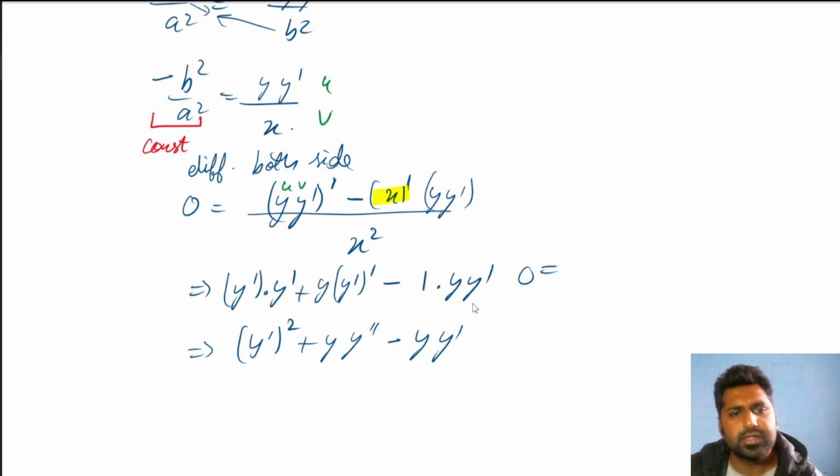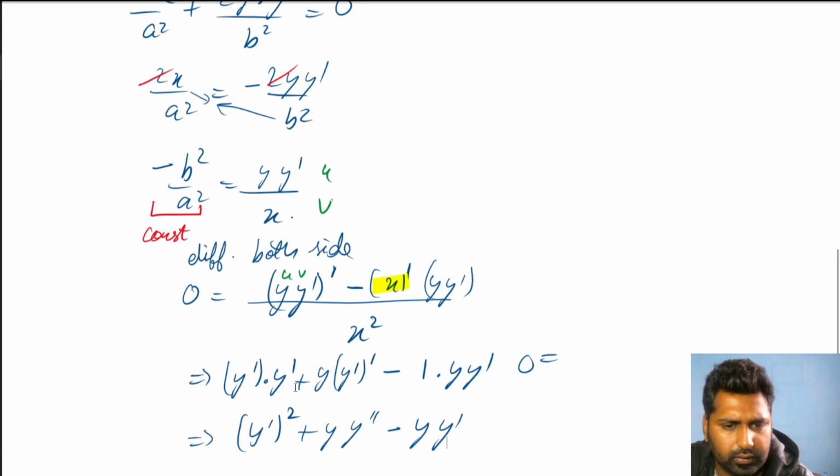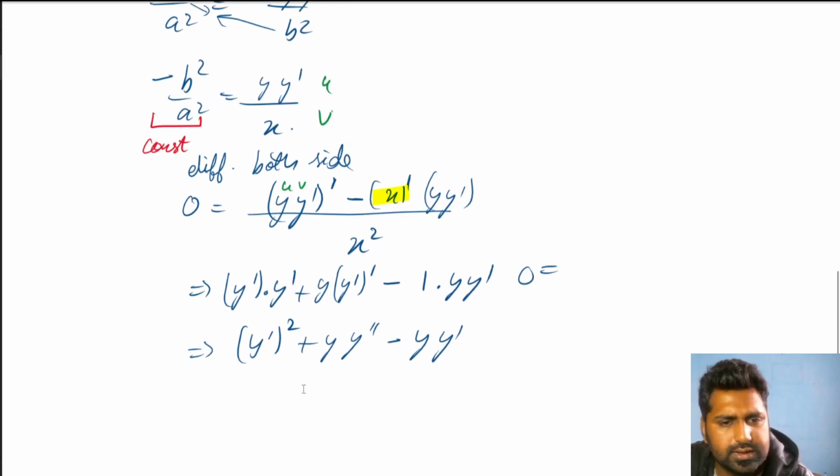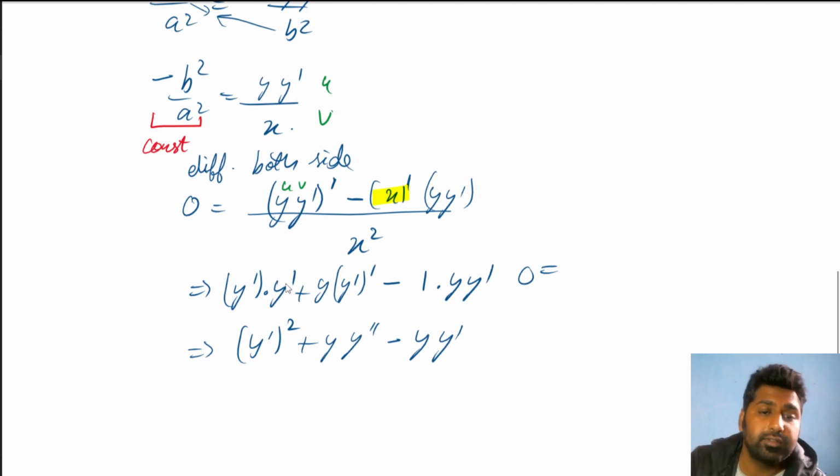I think we missed something. Let me check. Y dash, y double dash. This is looking good. Oh, denominator x square I forgot to write down.